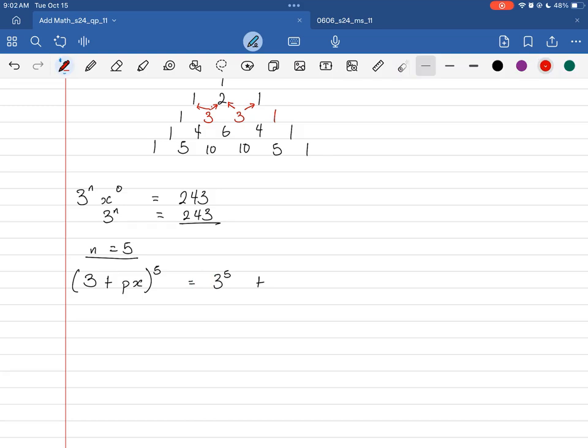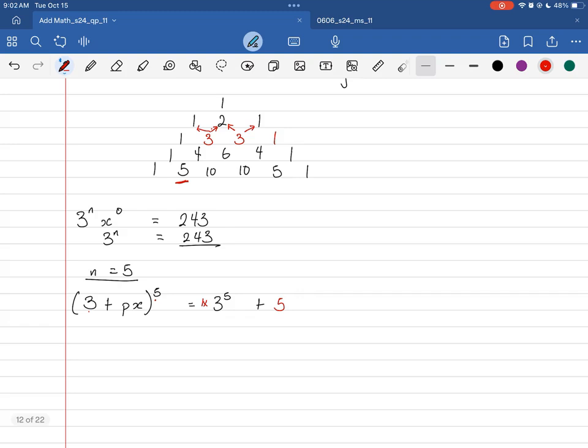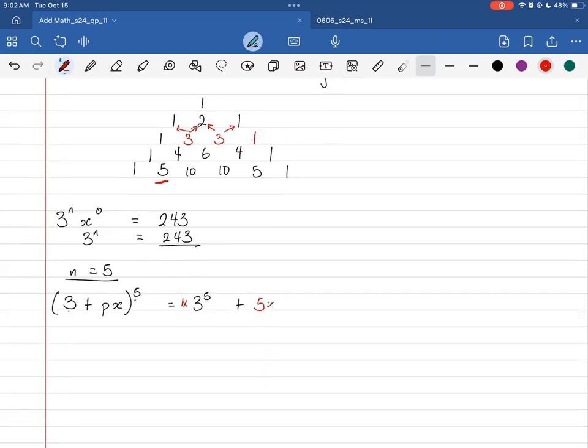So basically you have 1 times 3 to the power 5, then you have 5, because 5 is the next term in your binomial theorem in ascending order. So 5 times 3 to the power 4, because this power is going down and the px is going up. So you have 3 to the power 4 times (px) to the power 1.